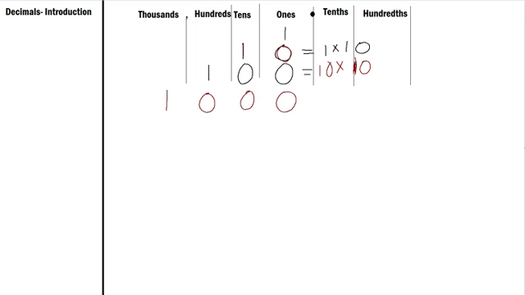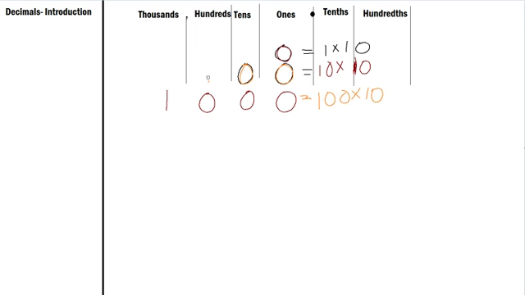we know that this is 100 times 10. I'm going to do this with a different number as well. Let me erase all these ones just so you can see it with a different number.